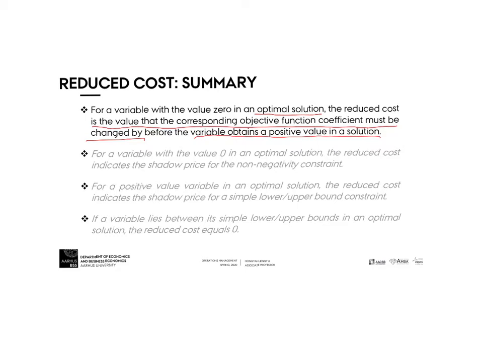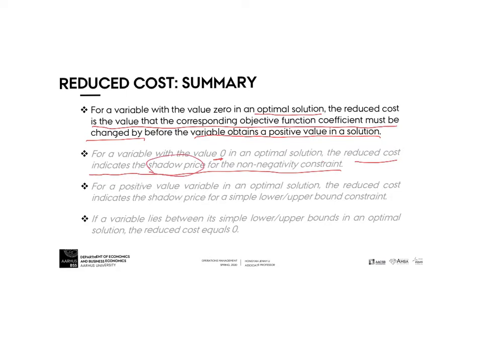For a variable with the value of 0 in the optimal solution, the reduced cost also indicates the shadow price for the non-negativity constraint. We'll see that later after we introduce shadow price.